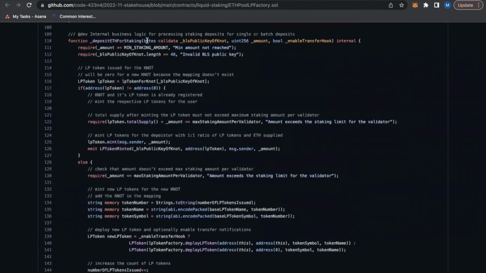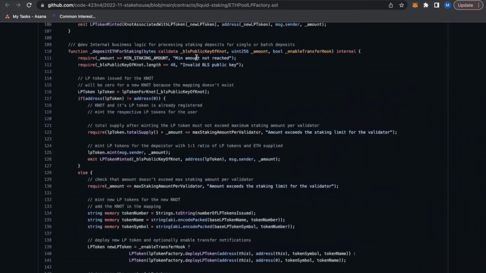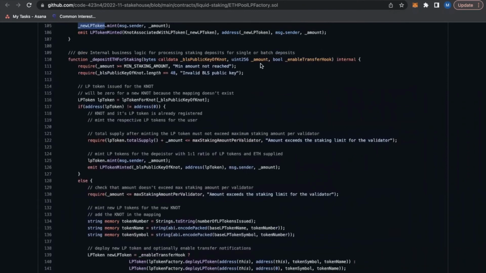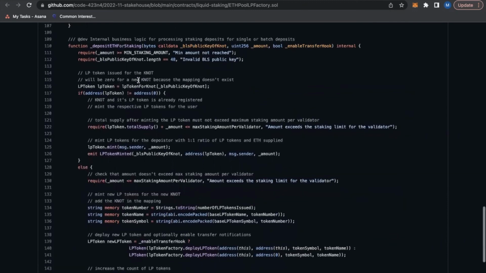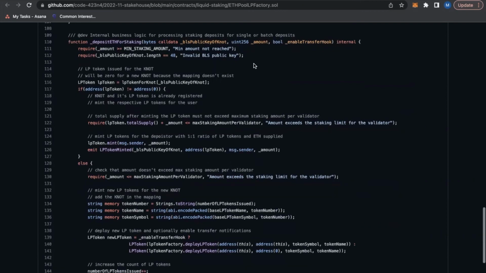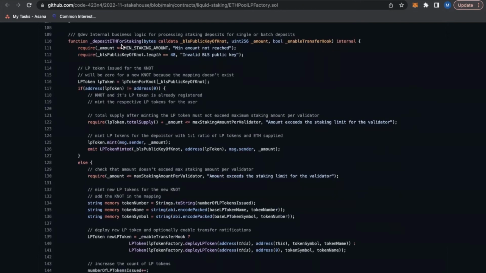Deposit ETH for staking. This is an internal function, but let's see what it does. Business logic for processing staking deposits for single or batch deposits. So this is used by the staking funds vault pool smart contract, or the other one, the Savit vault pool smart contract.